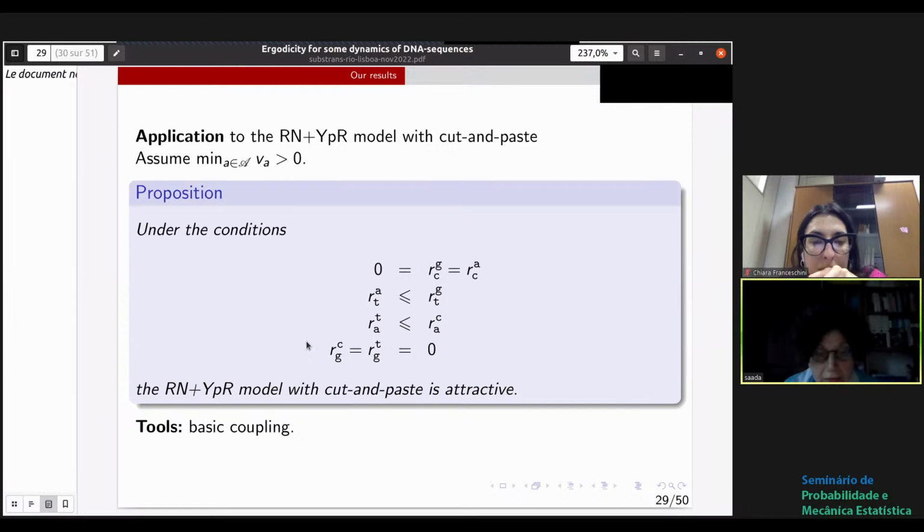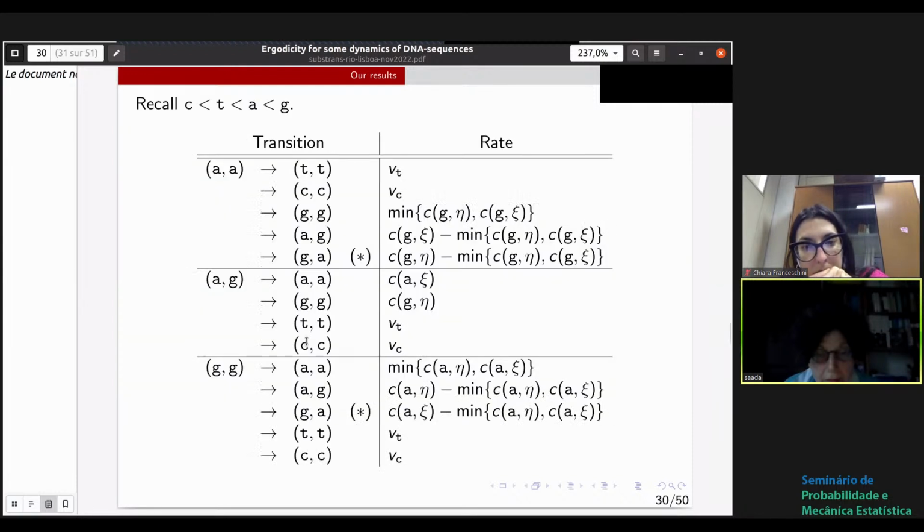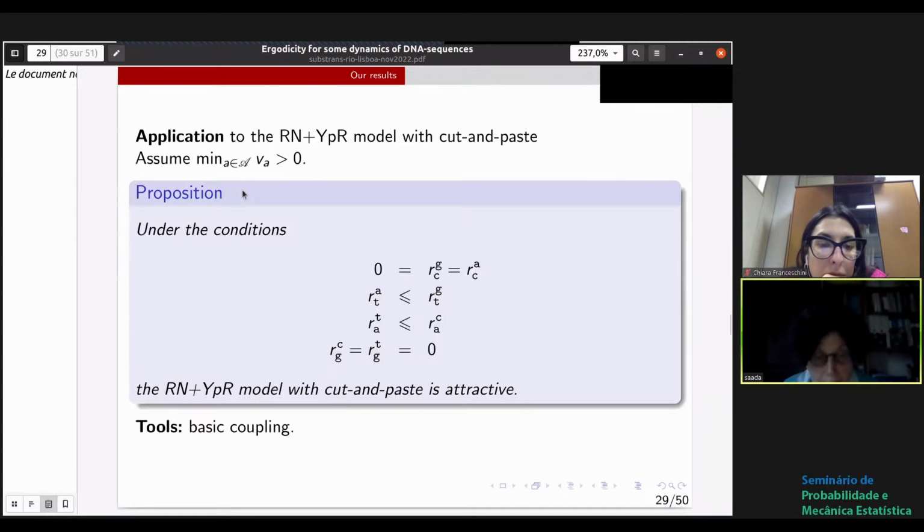We have to look at substitution to prove that with substitution it's attractive. So it's very simple. You just look at basic coupling between the values, and then what we have to do is to forbid the transitions that lead to non-ordered configurations.